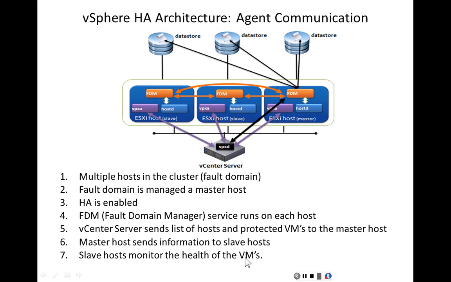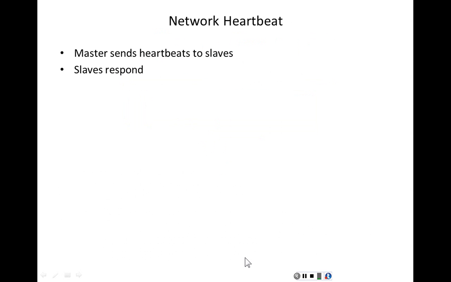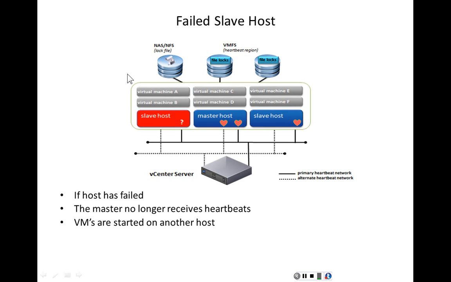So the question is, how does the master know that an ESXi host has crashed? And the answer is heartbeats. The master sends heartbeats to the slaves, and the slaves respond with heartbeats. But what if there is a failed slave host?